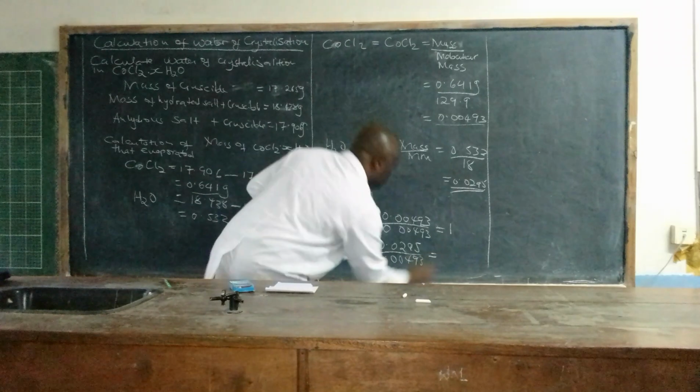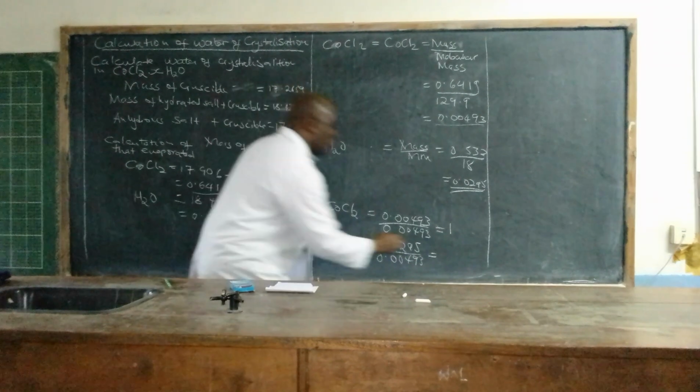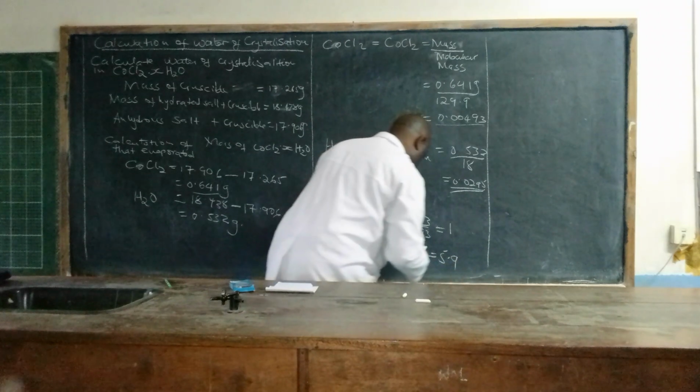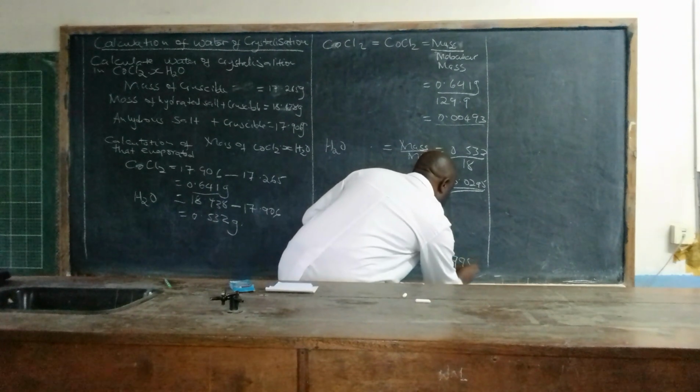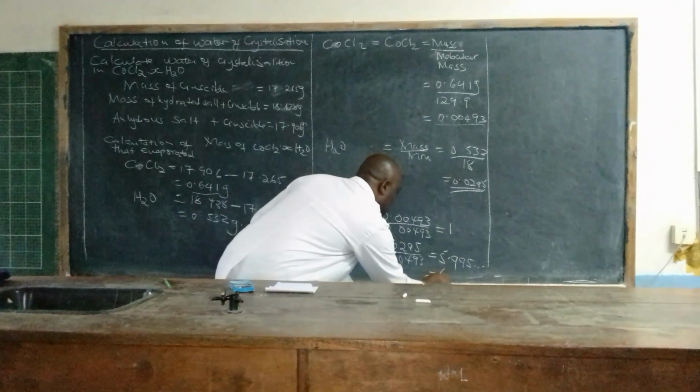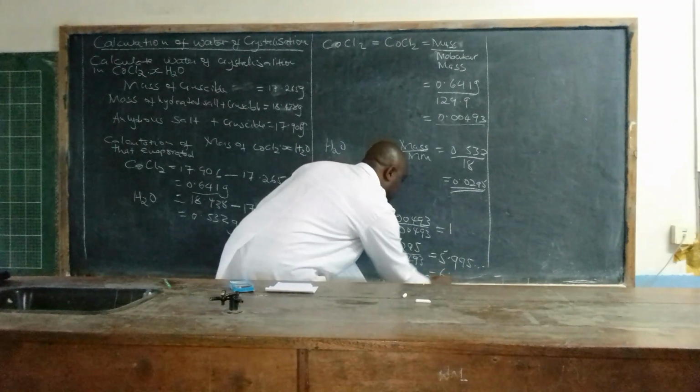If you do your calculations properly, you get 5.995, which is rounded up to 6.